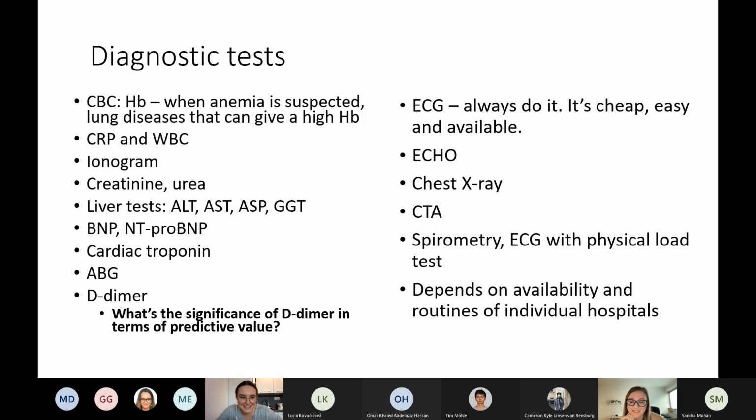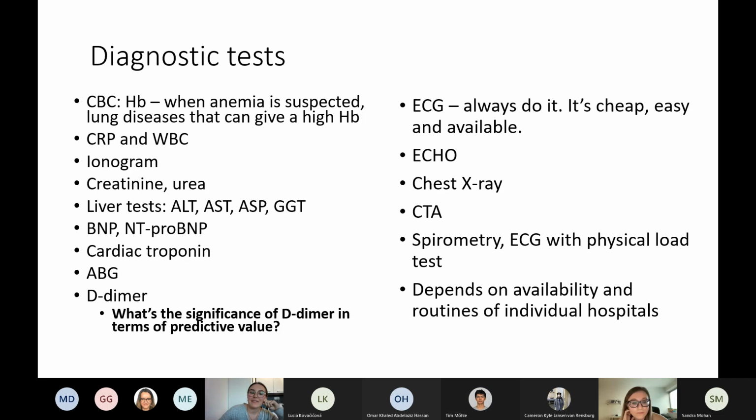Does anyone know when we used it? Pro BNP, maybe? Heart failure? Yay! 10 points to Tim. And then you have cardiac troponin. Do you know that as well? I guess myocardial infarction. Yeah, cardiac infarction.